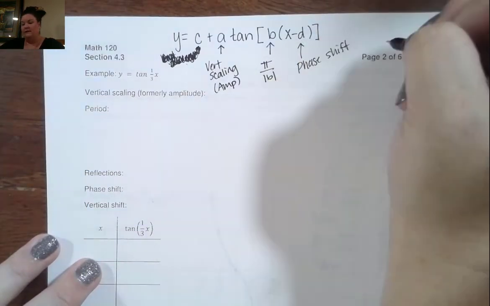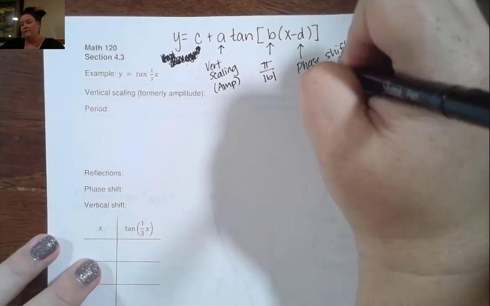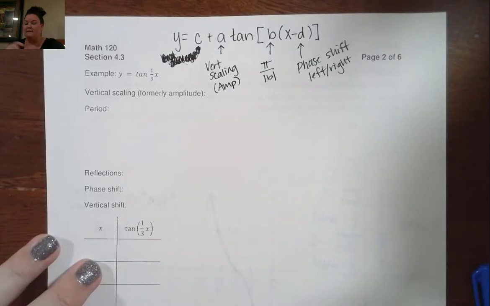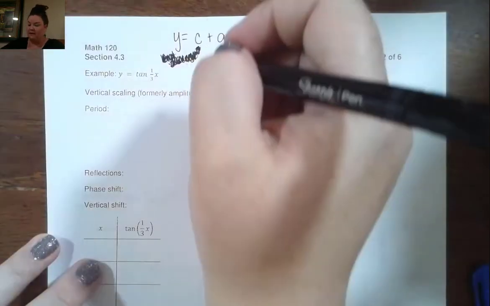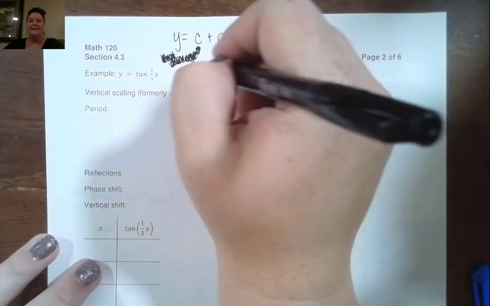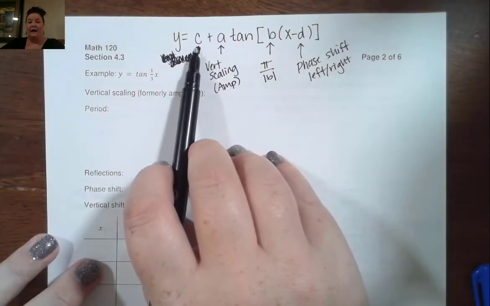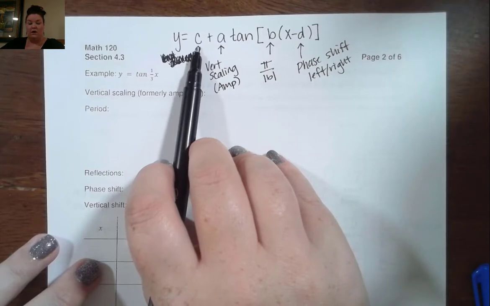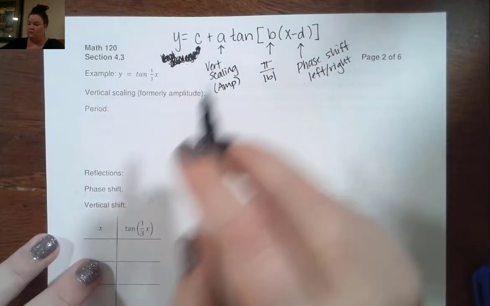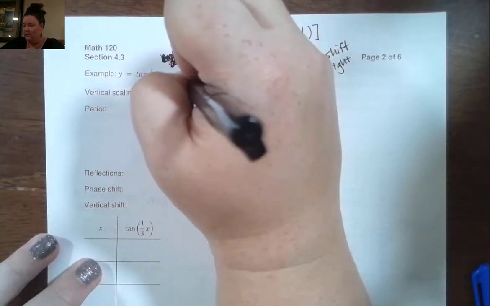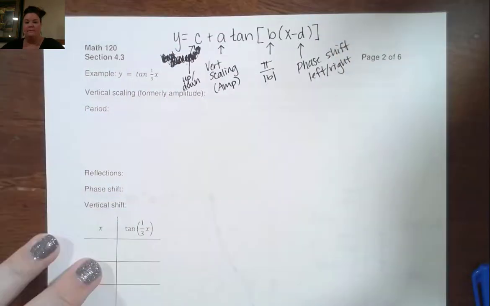This tells us if we're going left or right, okay? And then the last one is our C. If we're adding or subtracting outside the function, this is going to be our up-down shift, our vertical shifting. So this tells us if we're going up or down, okay?